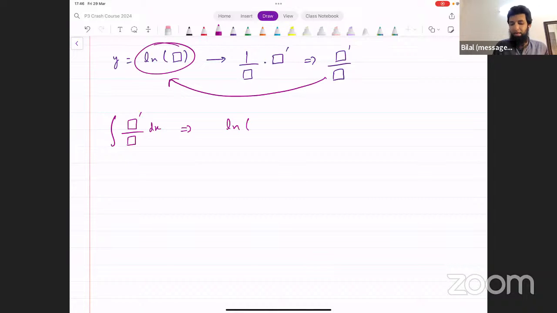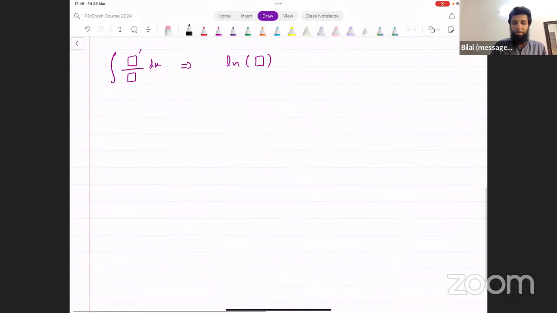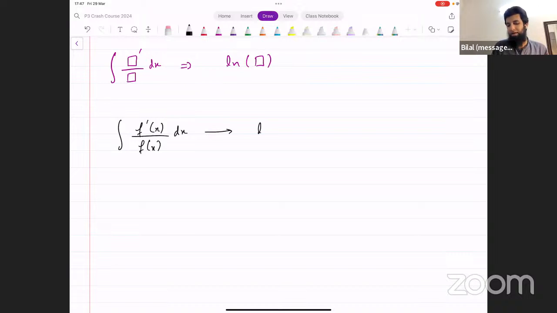Integration is going to be ln of the denominator. This is the rule that you have for integration. It's written in the formula sheet in this manner. I'm going to write this for you. So you have that reference from the formula sheet as well. The formula sheet says f dash of x divided by f of x, integral of this is ln of f of x.